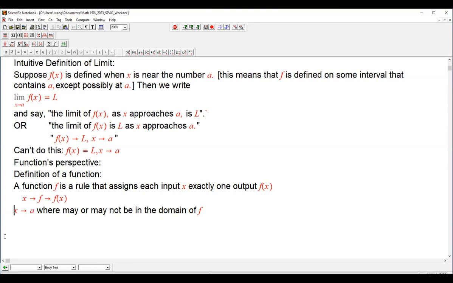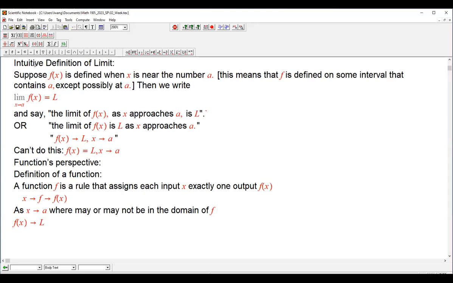When X is approaching A, A may not be in the domain of F, but F of X approaches a limit, a finite number. So this is the definition in conjunction with the definitional function and what it is.